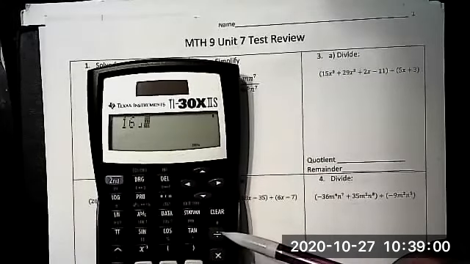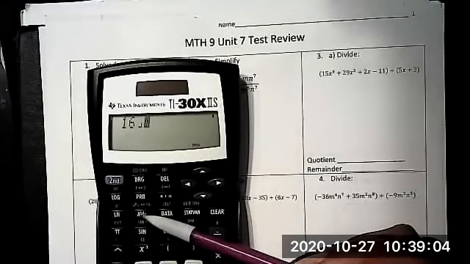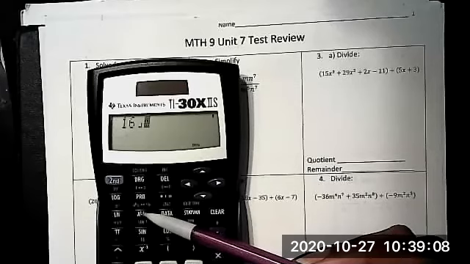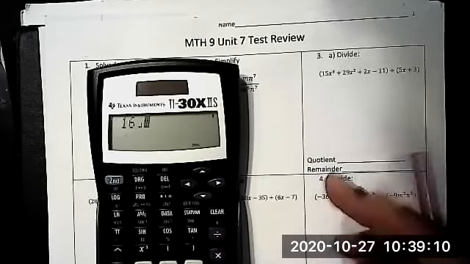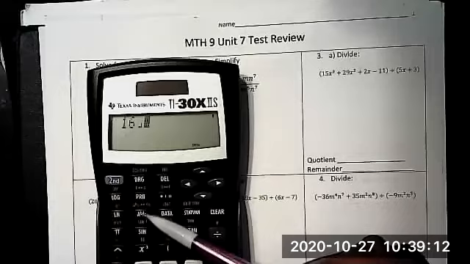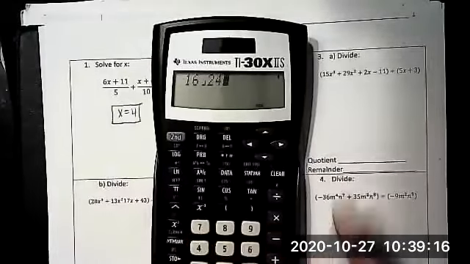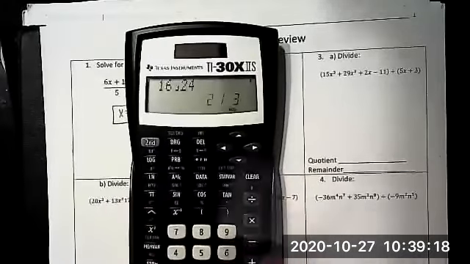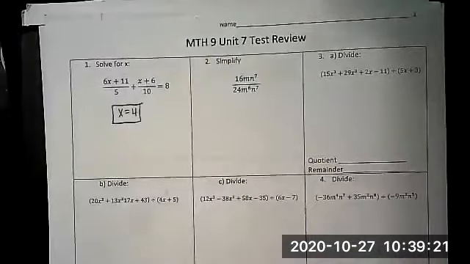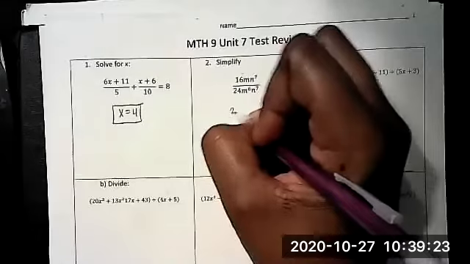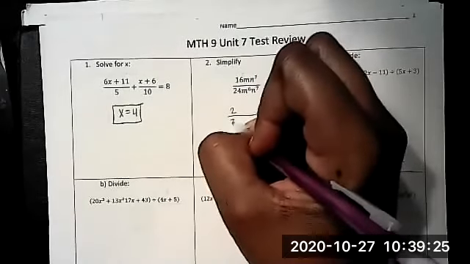Unless I want a decimal as an answer, then I'll push the regular divide. If I do not, which I usually do not, I'll push the ABC button so my answer is a fraction. This simplifies your fraction for you. 16 divided by 24 is 2 over 3.